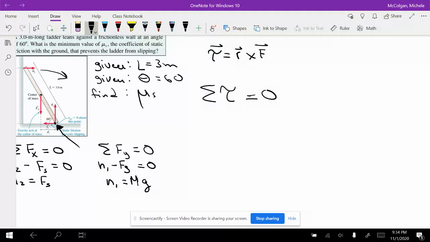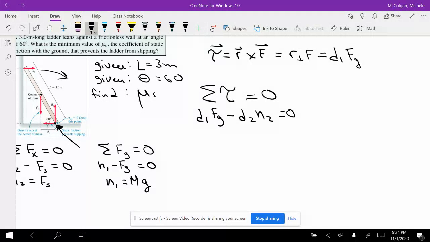That would be a good idea to use the R cross F, where this is equal to R perpendicular times F, and I'm going to call that R perpendicular D. So that's going to be D1 times F, and this is going to be my F of G. So I'm going to start with D1 times F of G minus D2 times N2 is equal to 0.